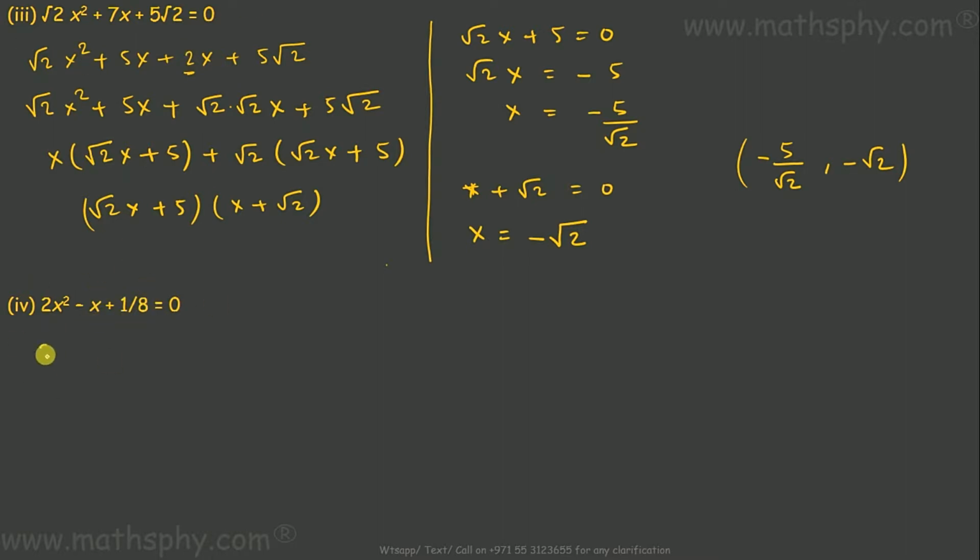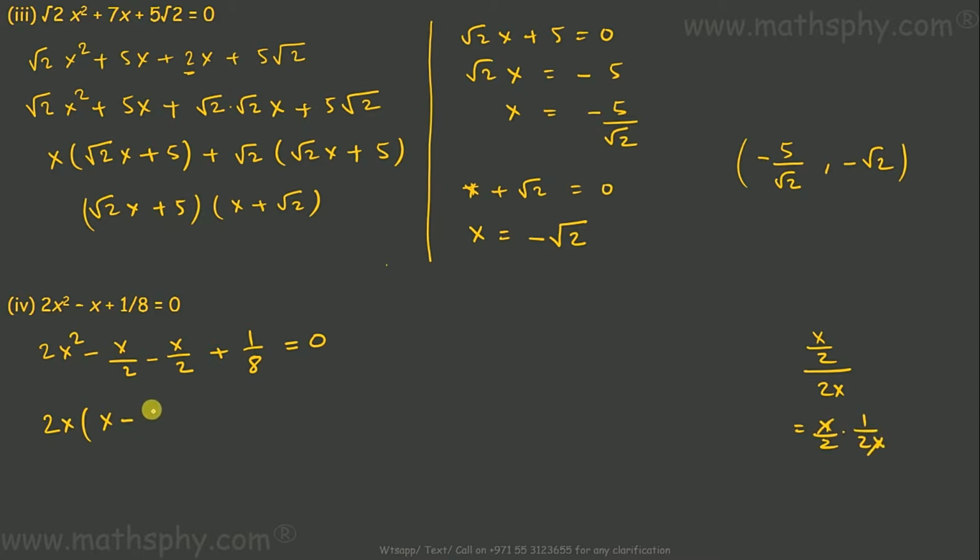This can be 2x squared minus x over 2 minus x over 2 plus 1 over 8 equals 0. Okay. Let's take 2x as common. So this gives you x minus x over 2 divided by 2x will be x over 2 into 1 over 2x.